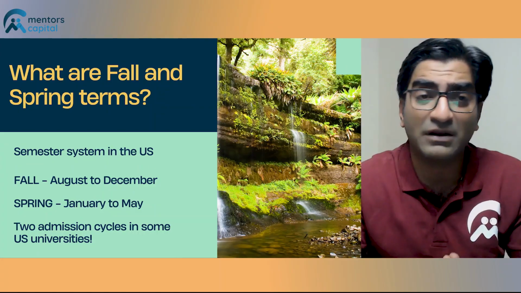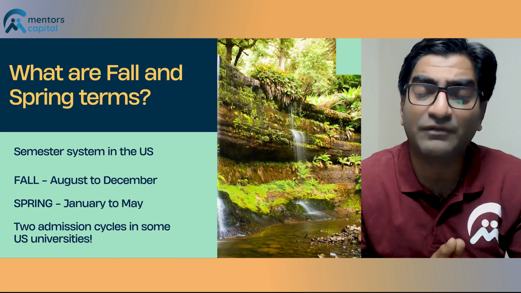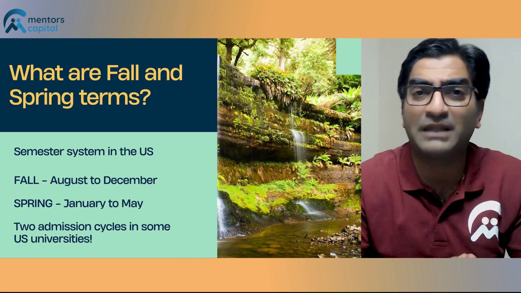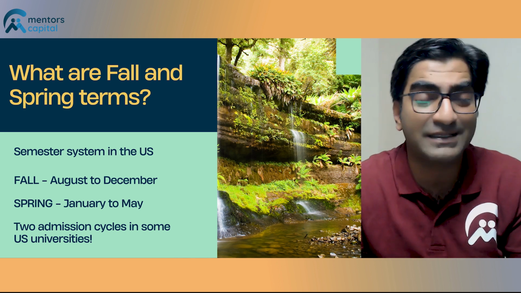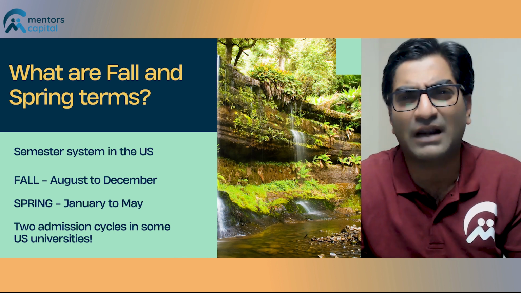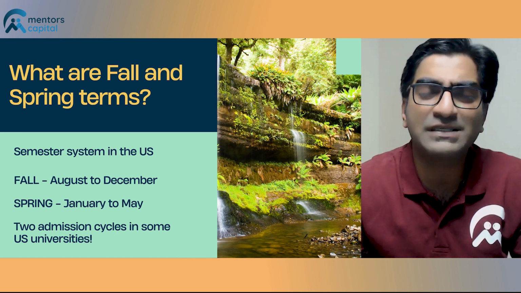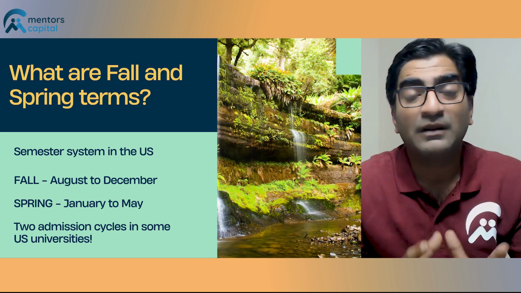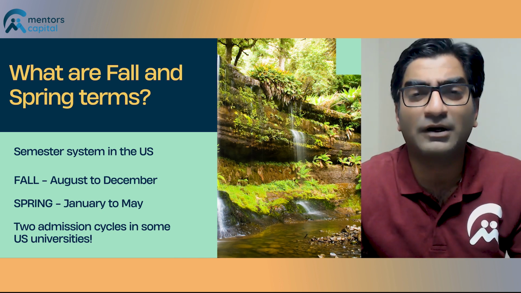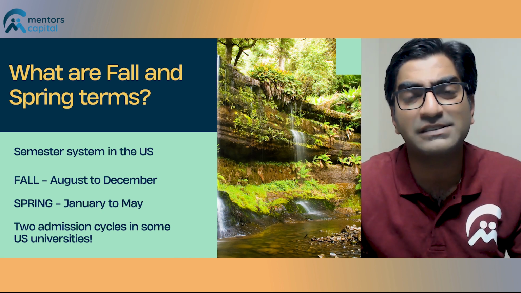Now, remember, this means that the fall term spans from the months of August all the way till December, whereas the spring term starts in January and goes on till the month of May. There's obviously a summer break in between the two, but these are the two terms into which an entire academic year is divided.